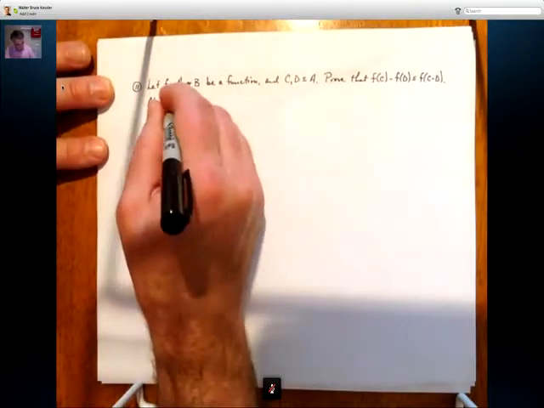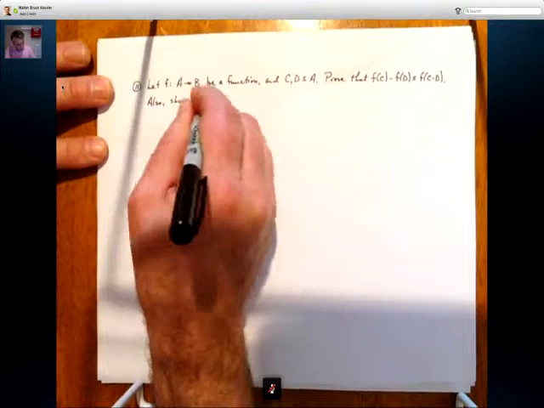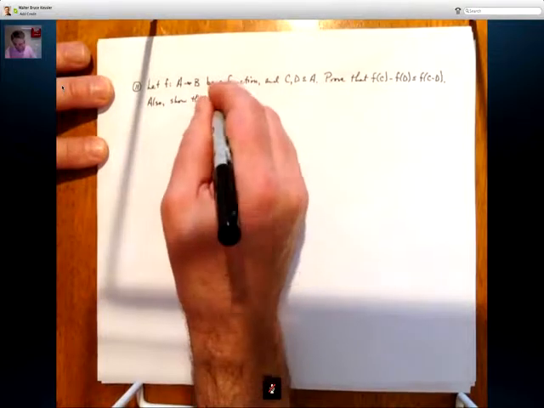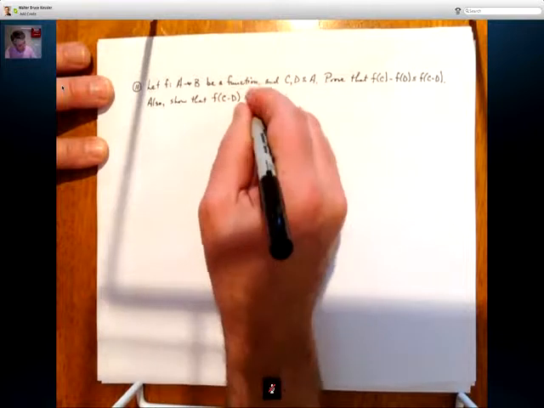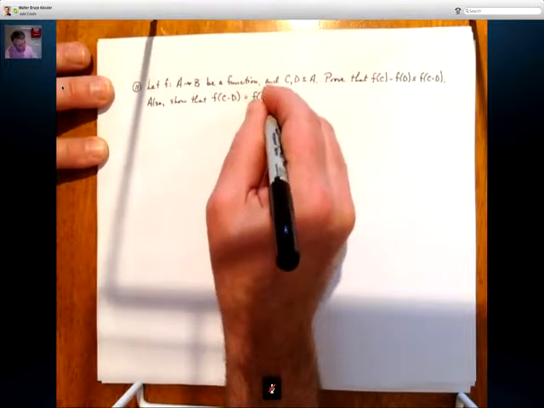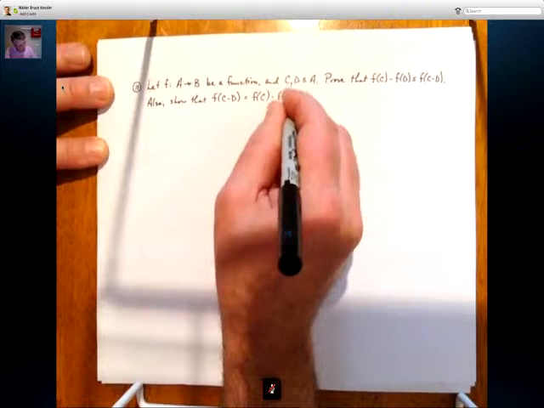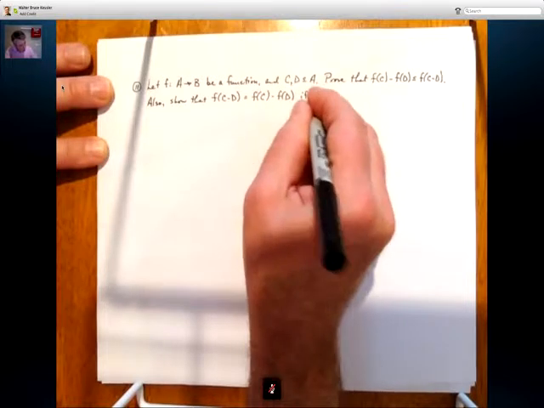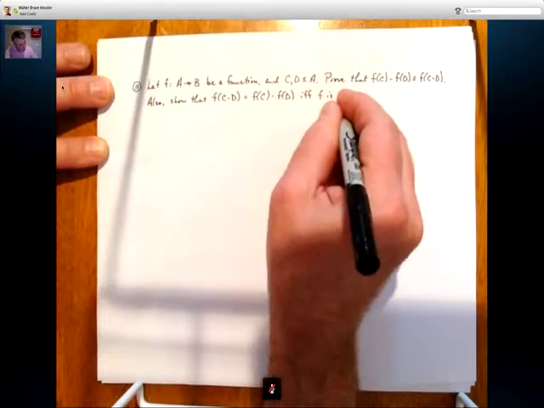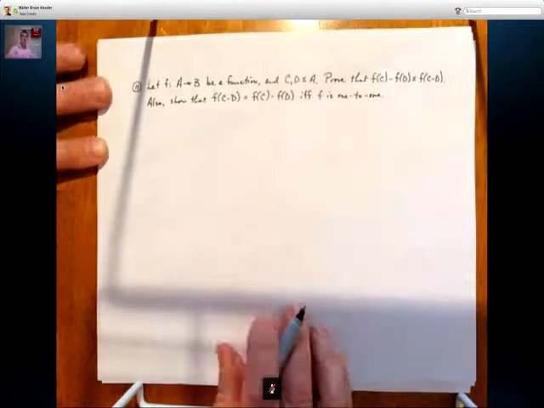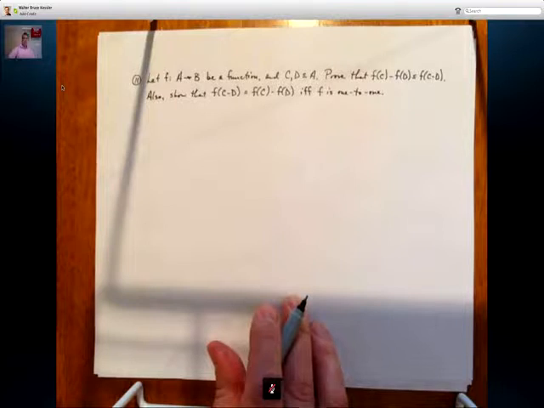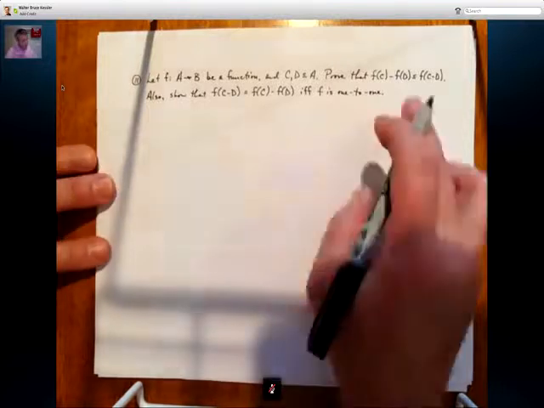Also show that they're equal if and only if f is 1 to 1. Okay, so there's actually three kind of separate things we're going to have to do in this proof.